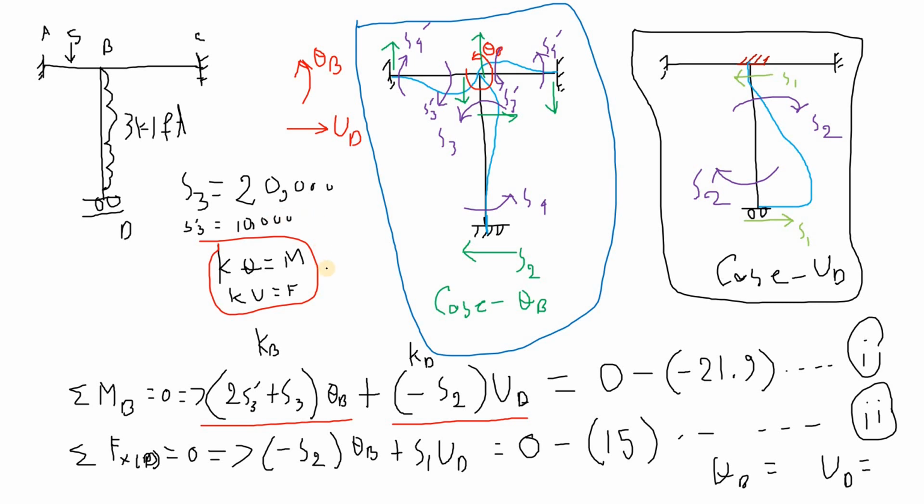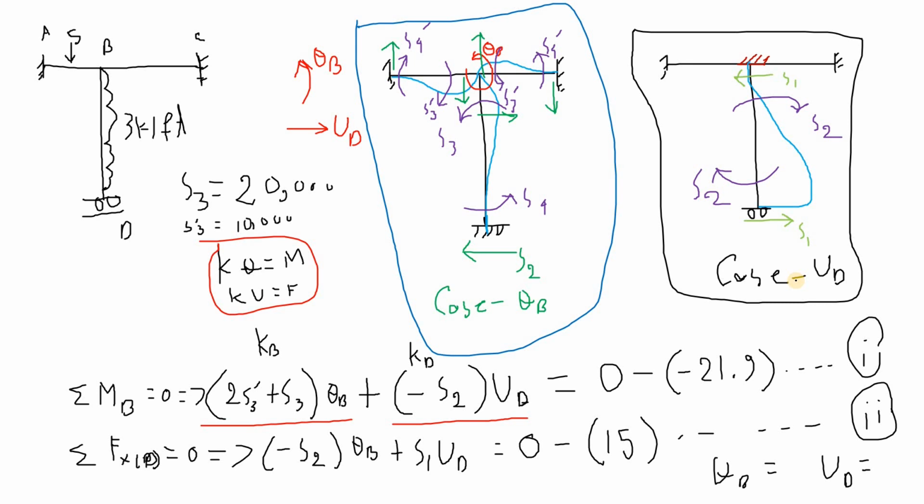You can use the values here to calculate the values of theta B and UD. Okay, so that is how you use the equation method. So when we are doing summation of moments at B, we're going to use the case theta B diagram, and when we did the equation f of x at D, we use the case UD diagram.